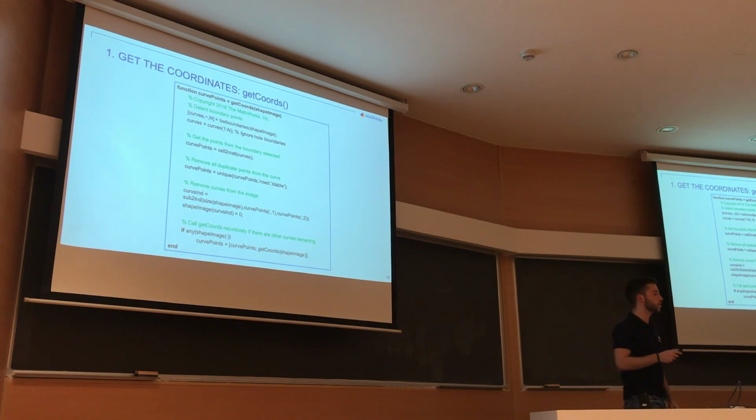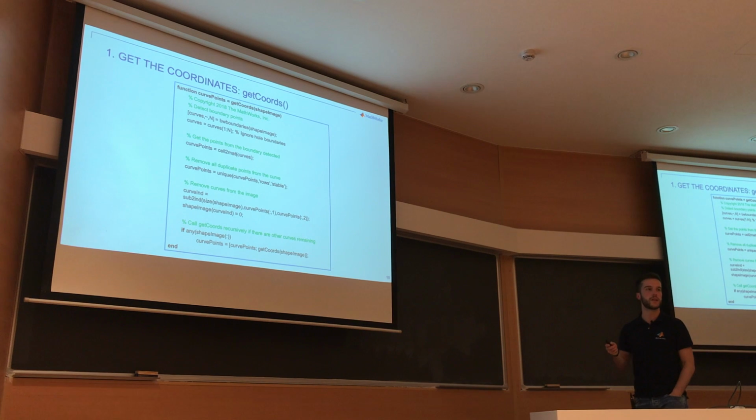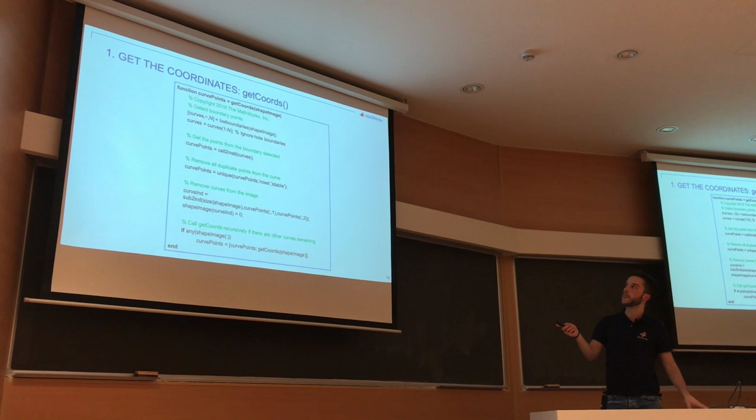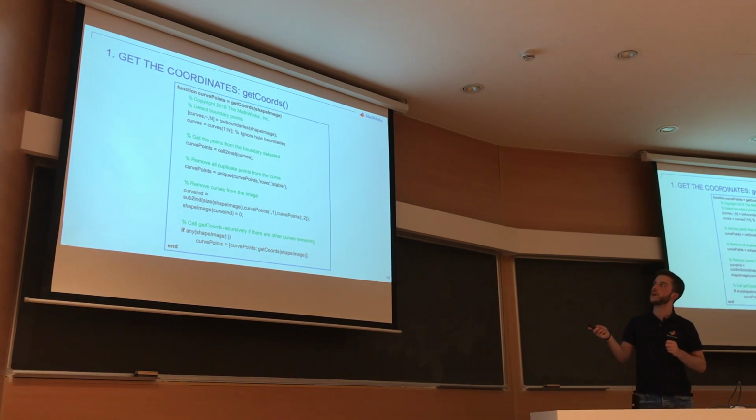For this function, I cannot write the function with you because it is a little bit more complicated, but we can read it together. It's quite easy. First of all, in this case, I want to get some finite point, some finite coordinates. So I take curves, and I take shape image that is our image, the one that we obtained from the previous task, and I use bwboundaries.